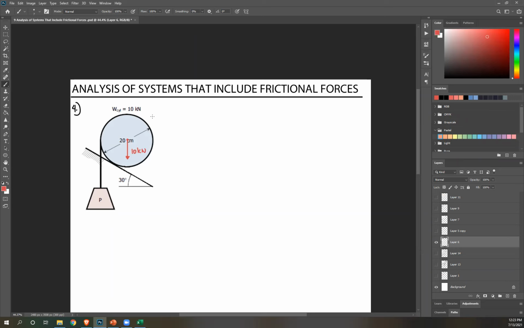Now let's say I want to take our moment center at this point, right? I would need the distance of P to this point. So let's solve for that. Okay. So again, this is what I need. Now what if I do this?